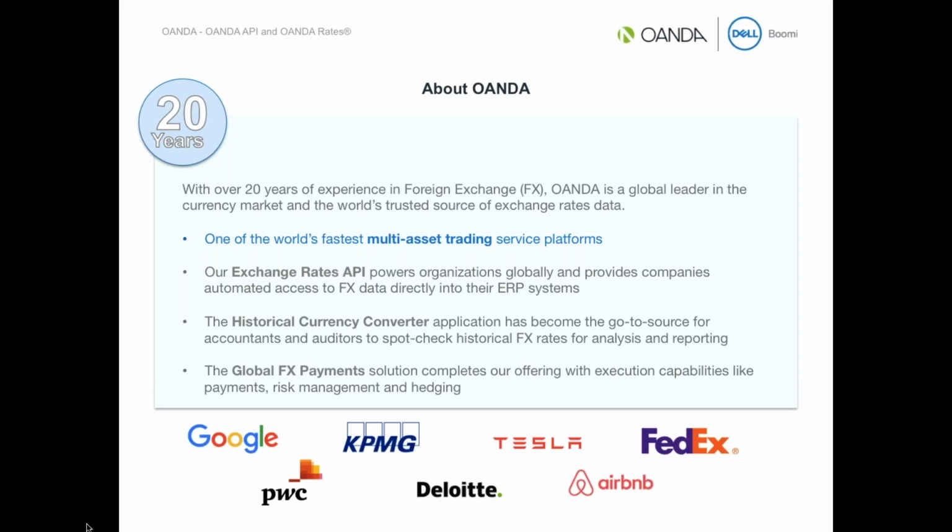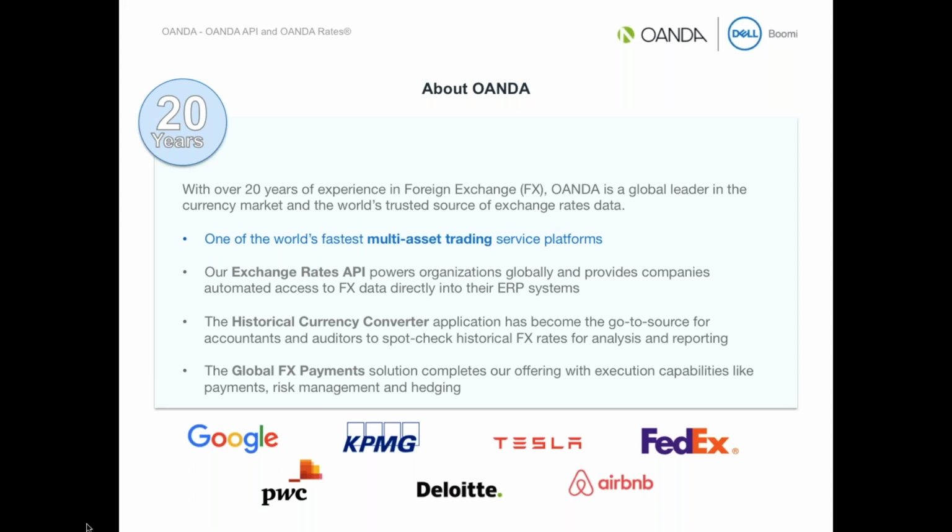OANDA actually has other services as well. One of the key things here is that we have a trading platform for individuals to trade currency within our platform. And one of the key things we'll bring up later is that our data actually comes from that platform. We do leverage that platform to provide the best data that we can to our customers.